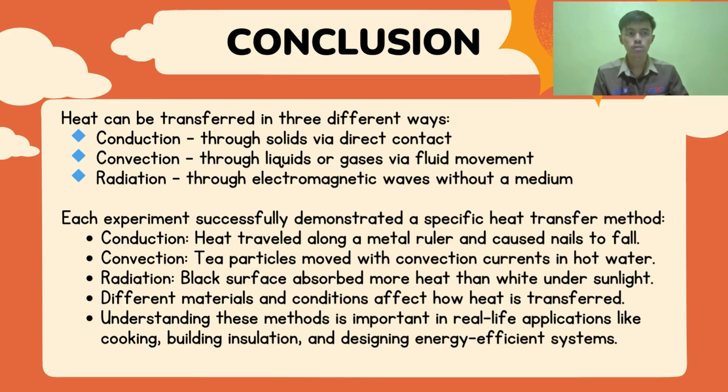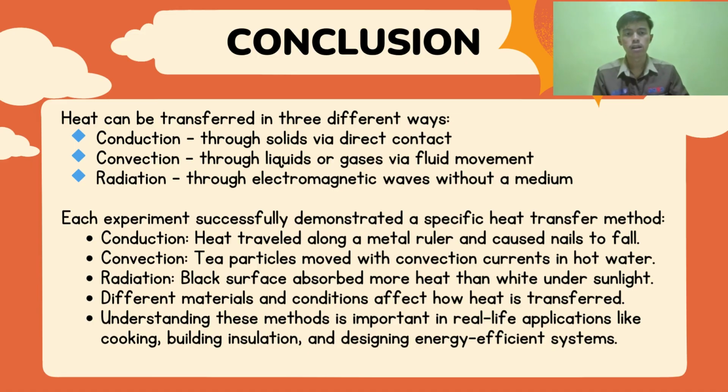This was shown by heating one end of the metal ruler and observing how the nails fell in sequence. The convection experiment happens in liquids or gases, where warmer, less dense fluid rises and colder, denser fluid sinks, creating a circular motion. This was demonstrated through the movement of the tea leaves in the hot water.